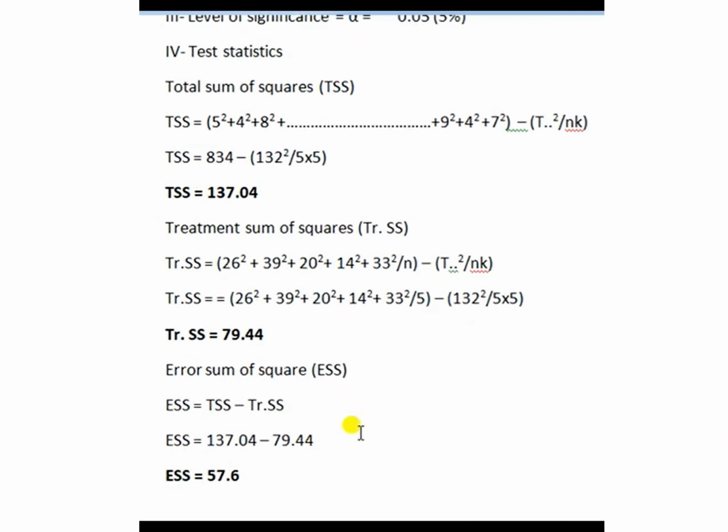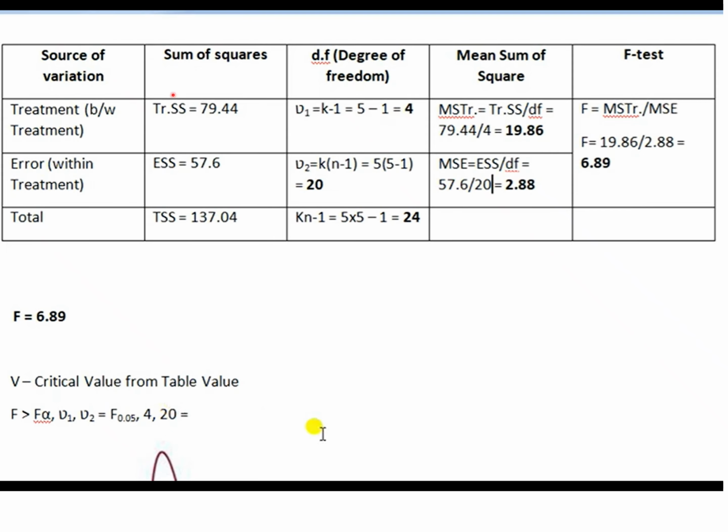Now we have to calculate the F value. How will we find this? We have the treatment sum of squares, the error sum of squares, and the total sum of squares. Now we also need the degrees of freedom. For this analysis we usually subtract 1. The first degree of freedom is k minus 1, which is 5 minus 1, equal to 4.